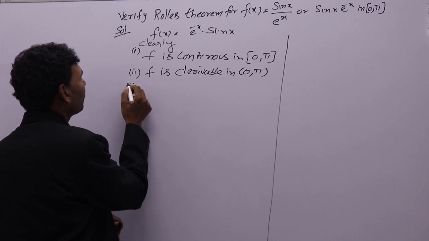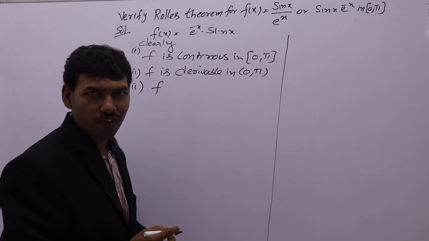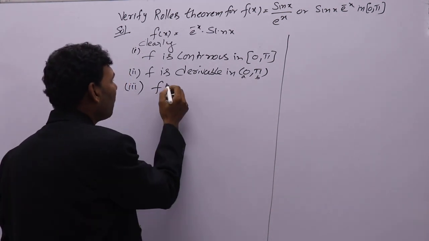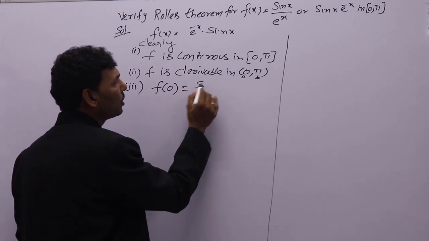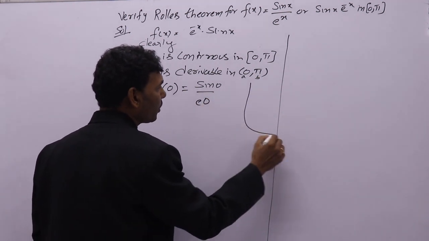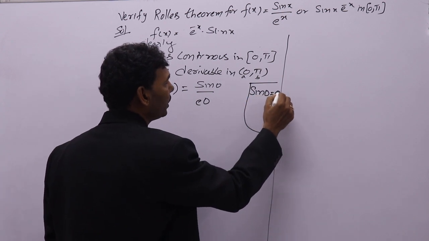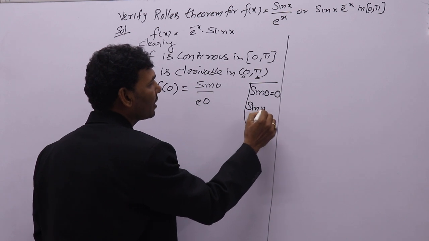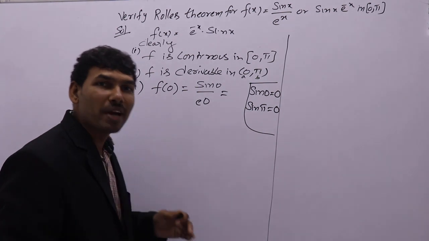Condition number 3. Here you need to check whether f of a equals f of b or not. a is 0, b is pi. f of 0 means sin 0 by e power 0. One most important point you need to remember: sin 0 is 0 and sin of any multiple of pi is 0. 0 by anything is 0.